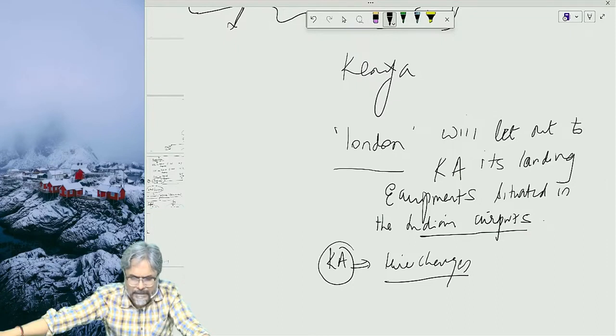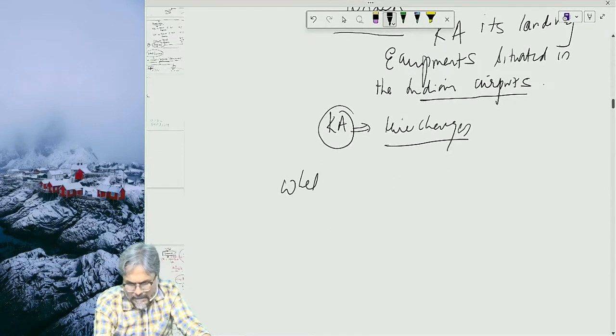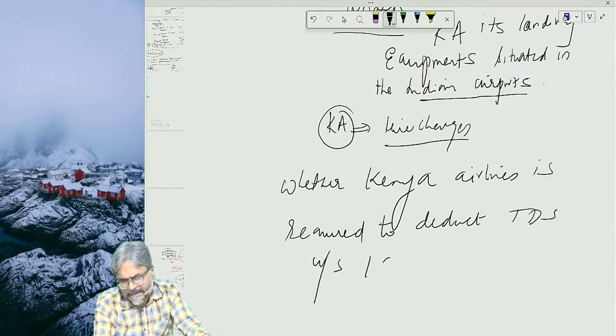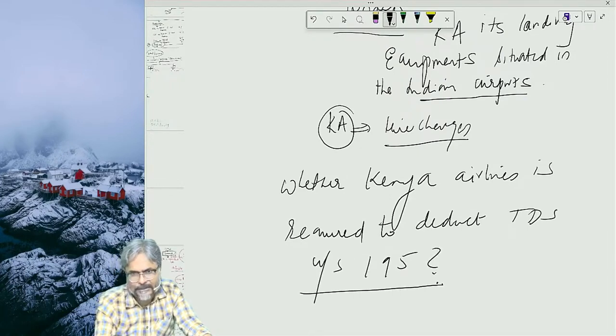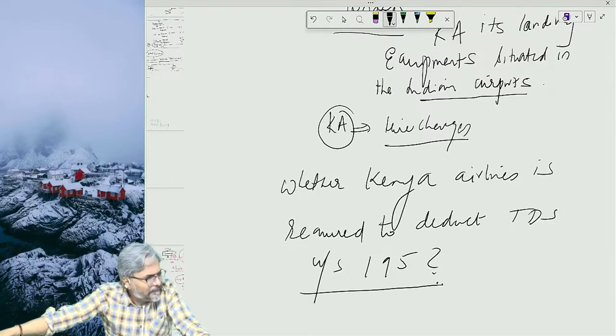Whether Kenya Airlines is required to deduct TDS under section 195. Read the question once.